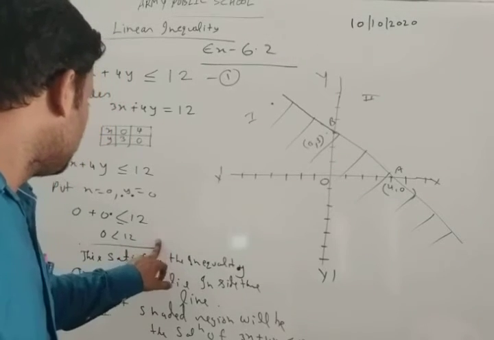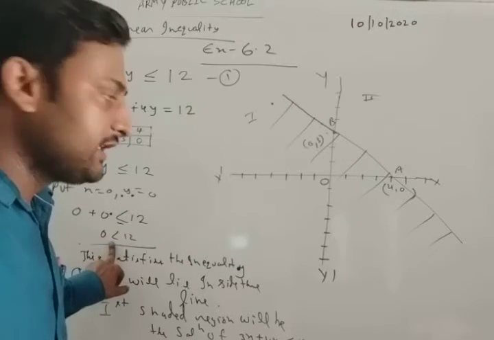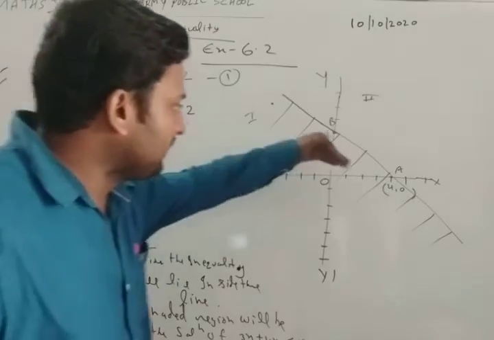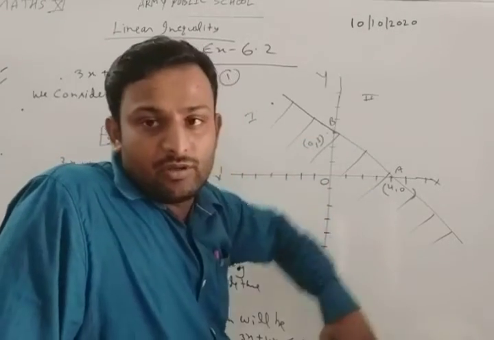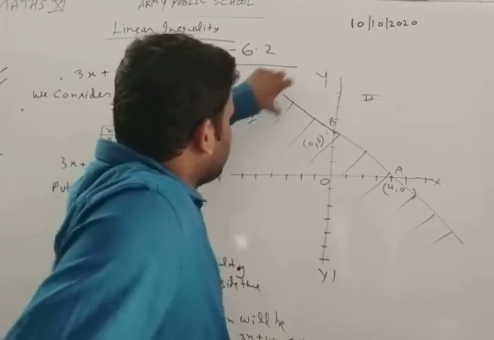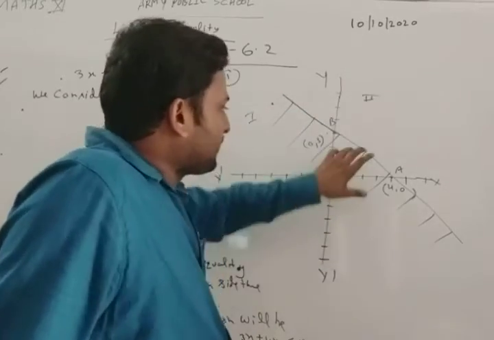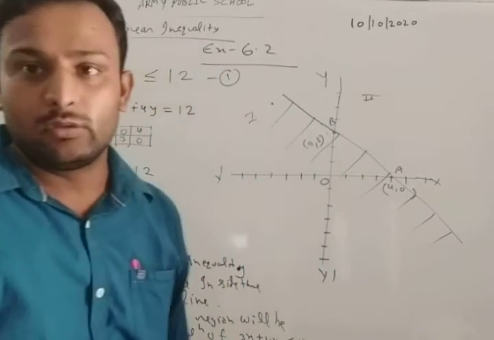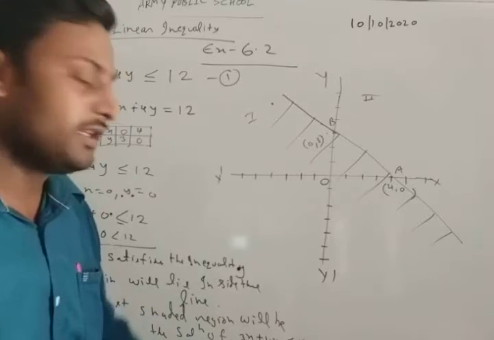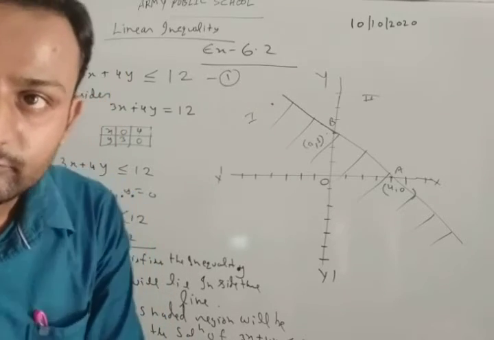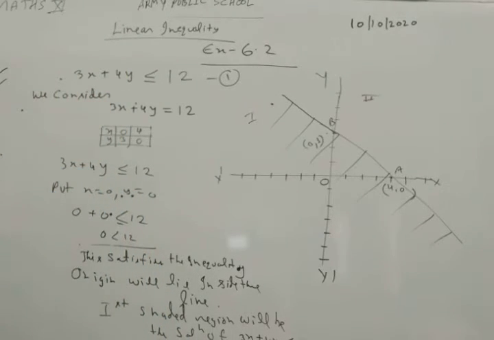So the origin will lie inside the region. This is our first region, this is the second region. So this side region will be the solution of the given inequality. Now we will see the next question in the same way.